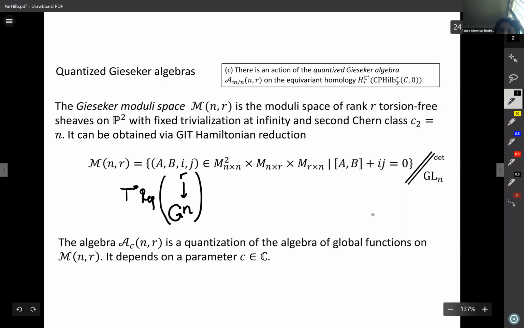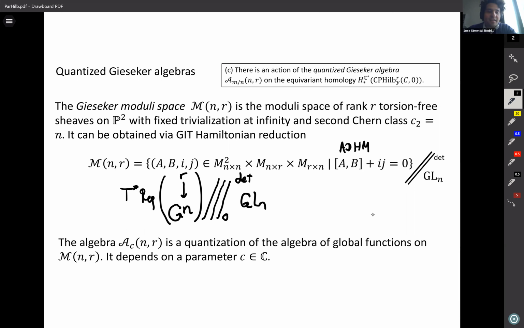This equation, which is known as the ADHM equation, is a moment map equation. So I have an action of GLn on this space. And what I do is I do Hamiltonian reduction. I do GIT Hamiltonian reduction, so I have to pick a stability condition given by the determinant, at level 0 of the moment map, by the action of GLn.